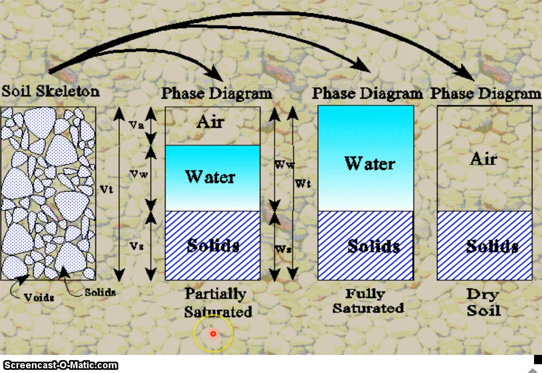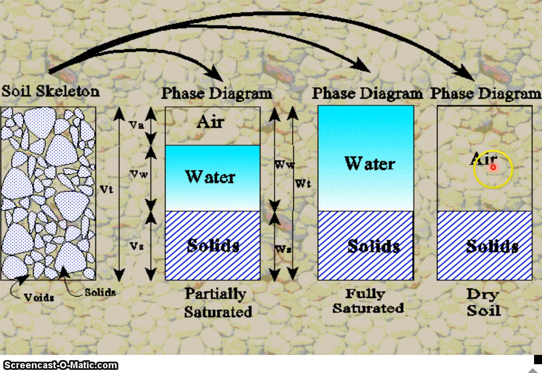This means not all voids in the soil are filled up with water, but only a partial part of the voids in the soil is filled up with water. Okay, next we can see at the side, these are two other conditions of the soil. One is fully saturated, so the voids in the soil are fully filled with water.